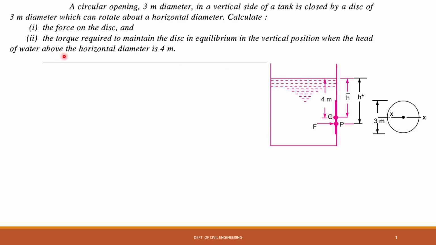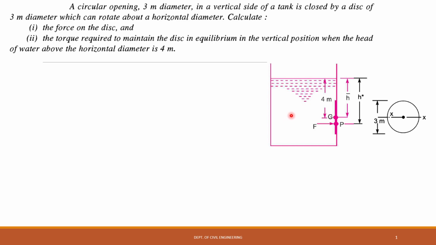Now the second one is the torque required to maintain the disc in equilibrium in the vertical position when the head of water above the horizontal diameter is 4 meters. As I told you, it is free to rotate in the clockwise or anti-clockwise direction. Due to this water on this side, there is a force acting on the disc in this direction. See, here you can see the force F. So if you consider this point, there is an anti-clockwise moment acting on the disc due to the water.